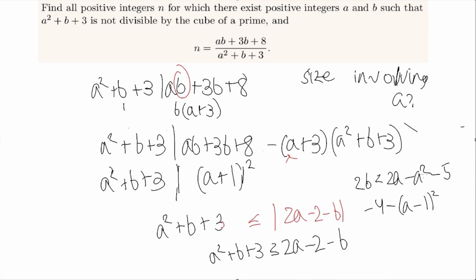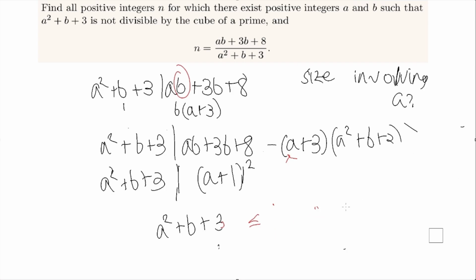But you can just kind of figure that it will just go down to minus infinity. So therefore this case doesn't work. Now what if it was instead b plus 2 minus 2a?